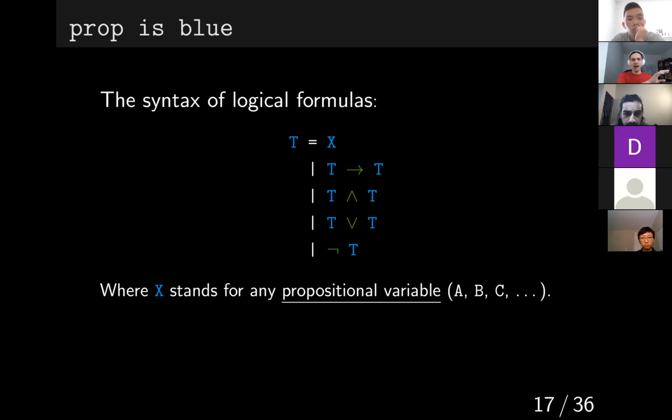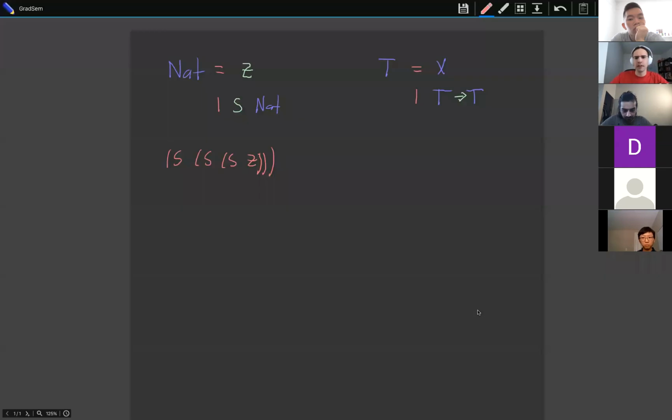So a logical formula is any propositional variable, or if you have two logical formulas, you can construct one formula implies the other formula, one formula and the other formula, one formula or the other formula, or not a formula. So let me quickly show you what this syntax means on a whiteboard here.